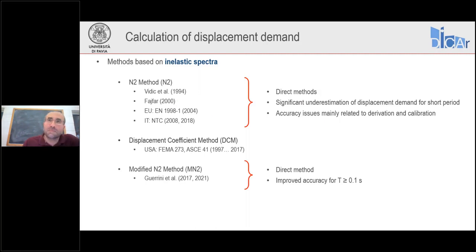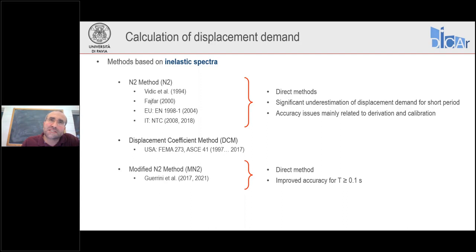In this case, the N2 method is already a direct method. It doesn't require any iteration. However, it leads to underestimation of the displacement demand. It's the opposite of the capacity spectrum method. There we had overestimation. Here we have underestimation. However, in this case, the underestimation is usually related simply to the calibration and the derivation of the equations that are proposed in the code.